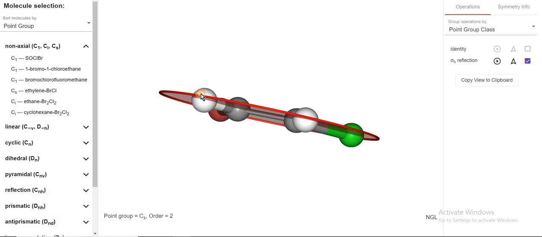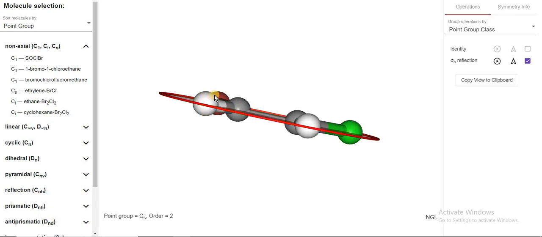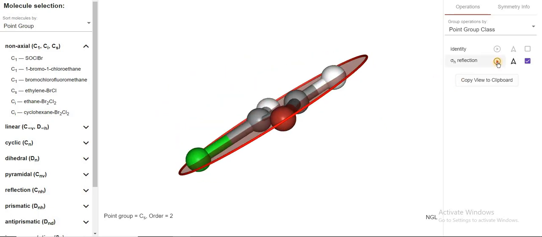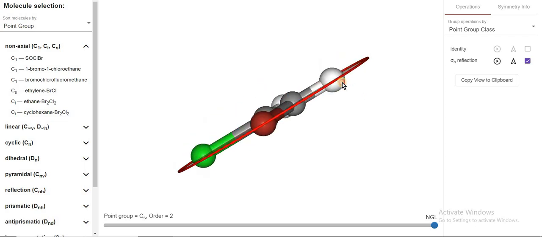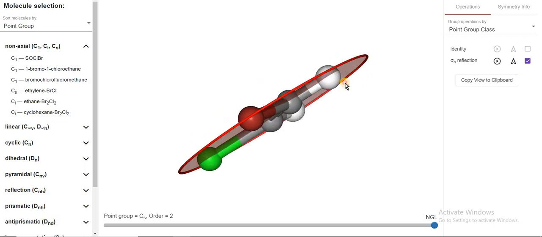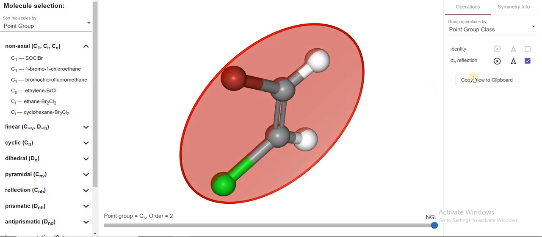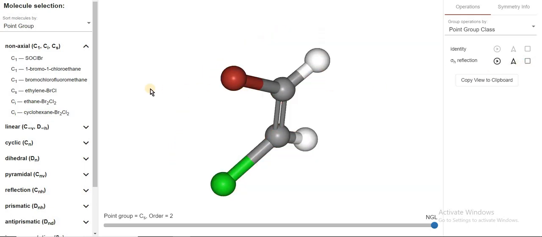If we consider this atom, this half of this atom is the mirror image of this half. So we cannot see any operation here because this is reflecting one side onto the other side. But in upcoming examples, the operation will be very clear.